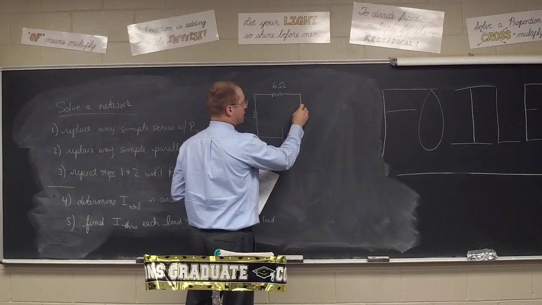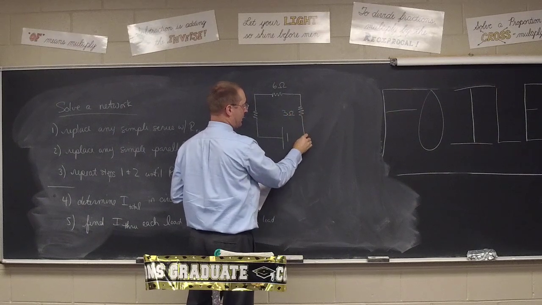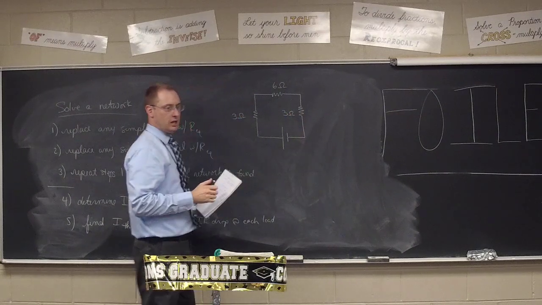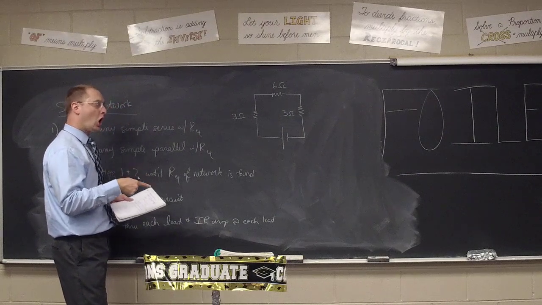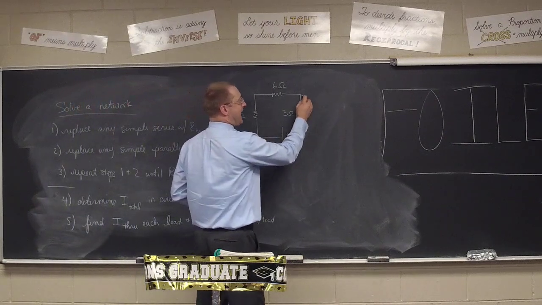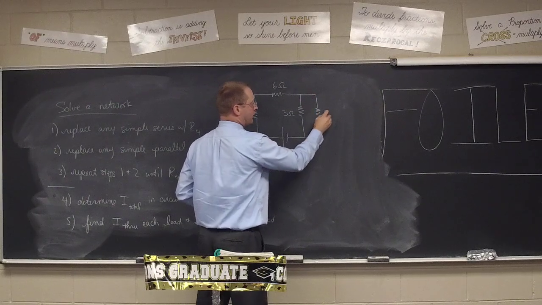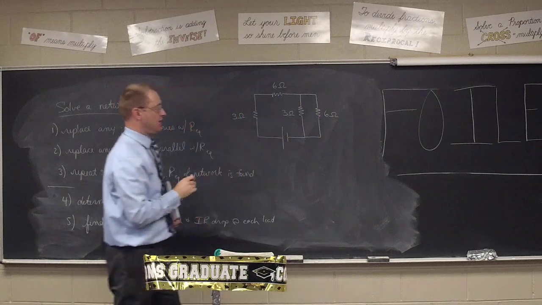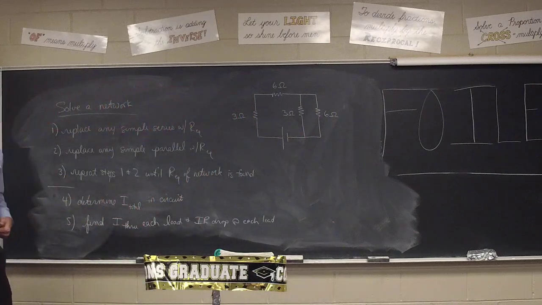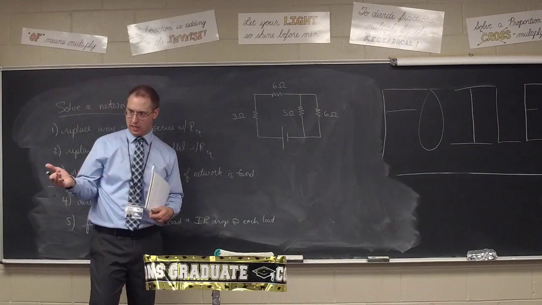From there, have the current go through another 3 ohm resistance and back to the battery. Now what I've drawn is basically just a series circuit. What I'm going to do is add one extra path right here with an extra 6 ohm resistance in it. Now I've made it a network because now it has series, but it also has parallel. Does that make sense?